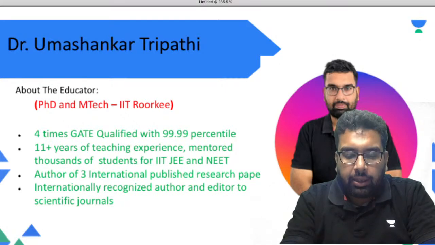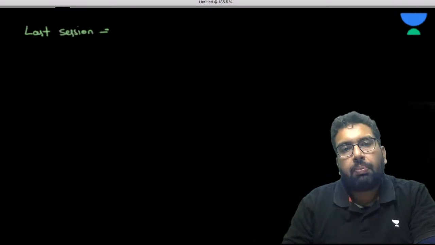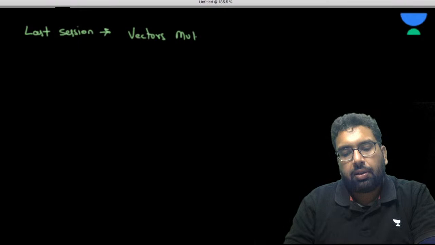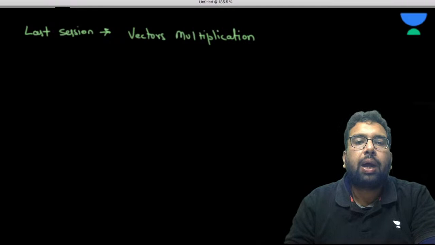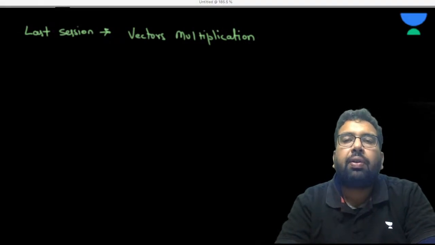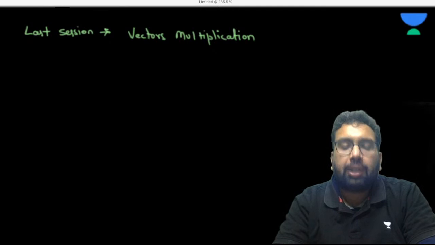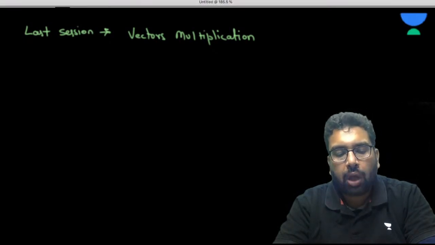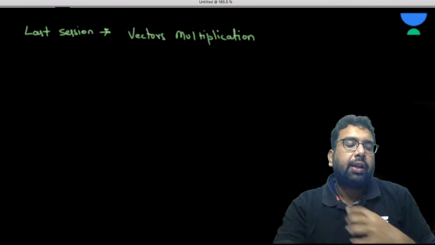So guys, in the last session, we were discussing the vectors, and we started with vector multiplication. Before that, we had seen how to do addition of vectors, how to do subtraction of vectors, and how to deal with the basics of vectors, what their use is, and how to deal with them in Cartesian coordinates and everything.